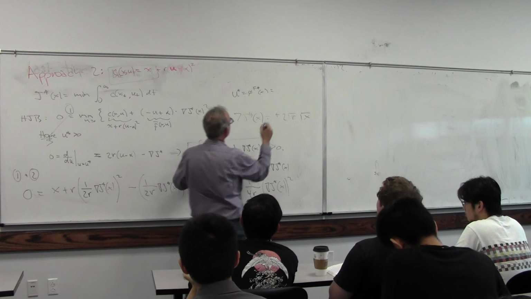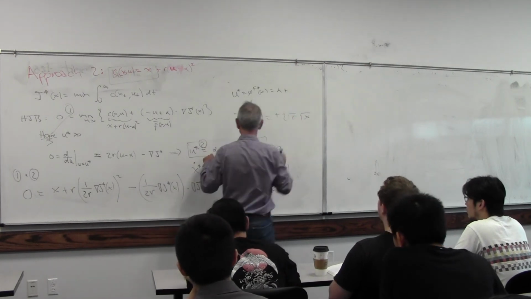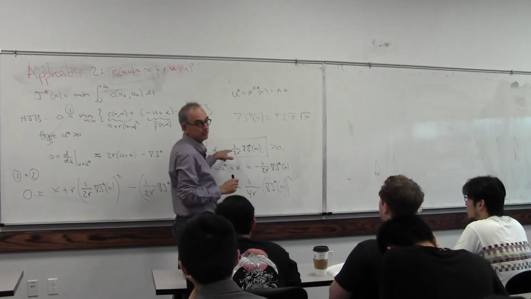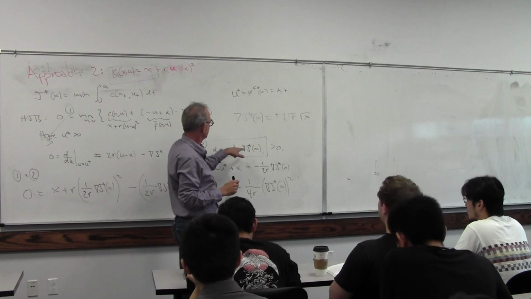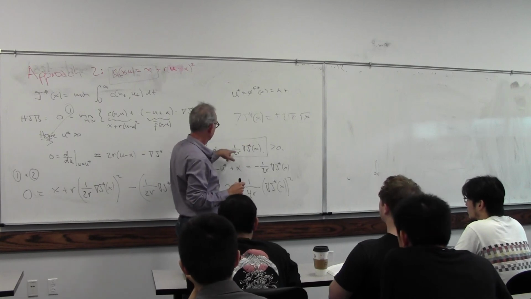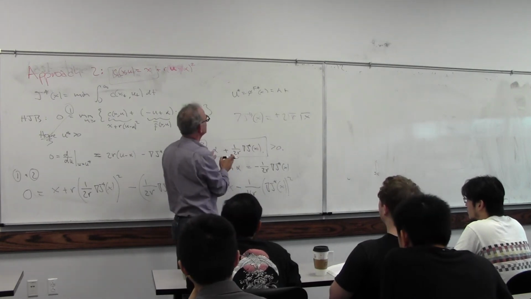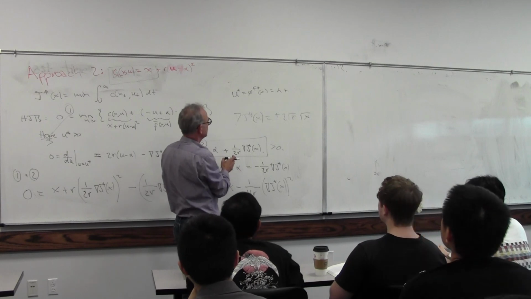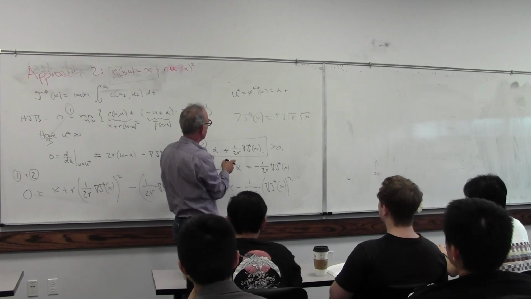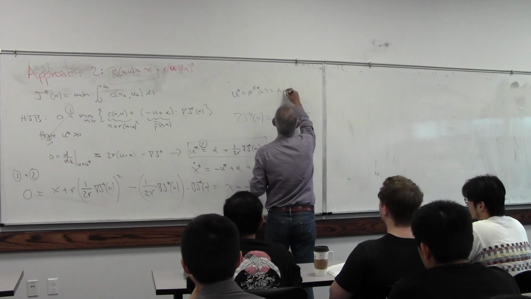It's equal to alpha plus this divided by 2r. So the 2's cancel, one of it's square root of r.